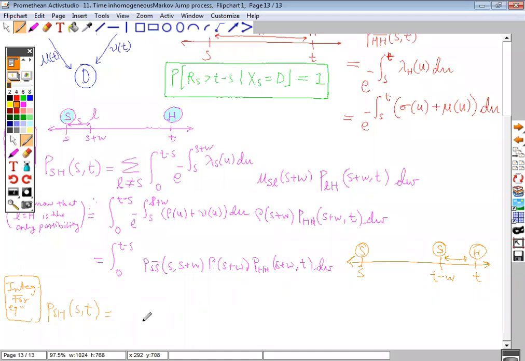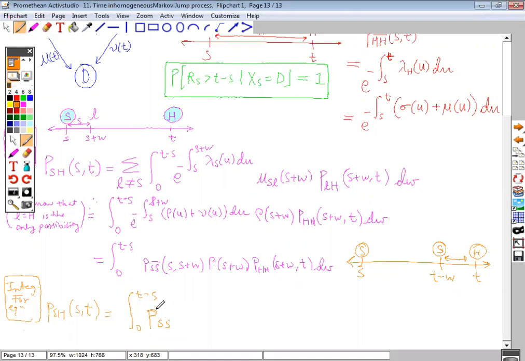Ma'am, so the final one, like above you've written anything. PSS thing. Yeah, any of this is fine. So it will be something like integral 0 to t minus s. PSS bar, or will it not be a bar? There will not be a bar, right? Because it doesn't matter if it stays in the state or not. Yeah, exactly.